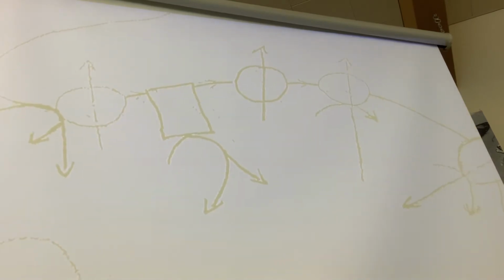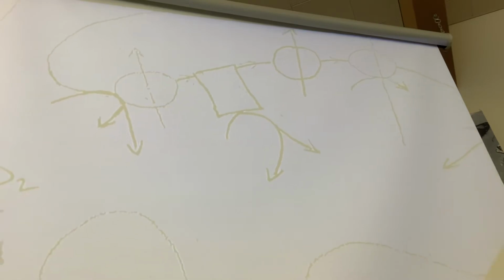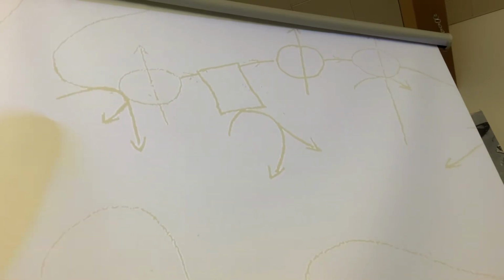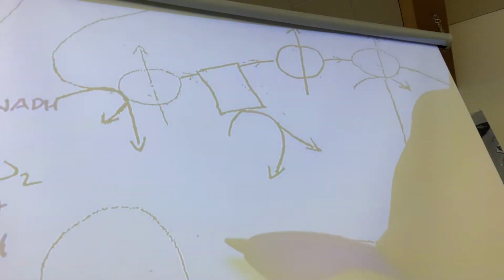So the first thing I'm going to do is I'm going to start off here, right at the beginning, with some NADH. So I'm going to take an NADH, and I'm going to strip it of its hydrogen and electron. So it's going to be back to NAD+.